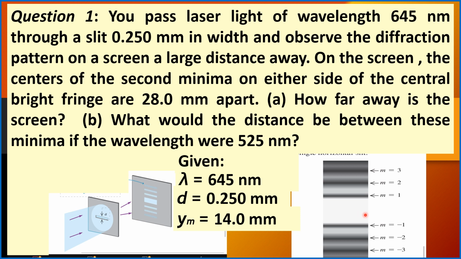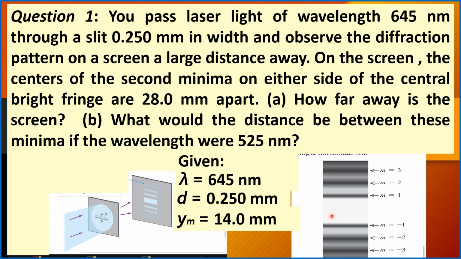So when you say m equals 0, that's exactly referring to the central bright band. Take note, m equals 0 is referring to the central bright band and it is not a dark band. It is a bright band. In other words, it is the result of the constructive interference of two waves, crest overlapping with the same crest of another wave.